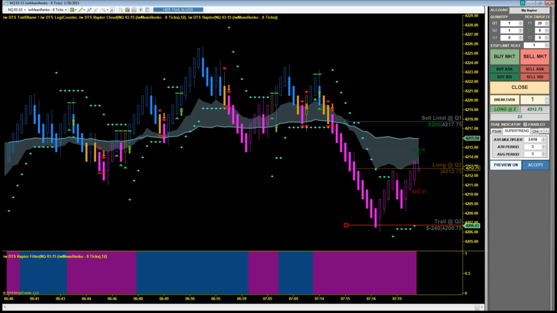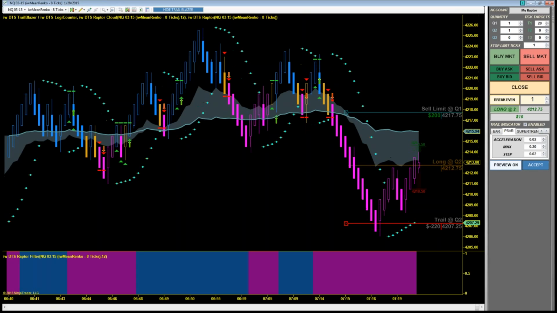Let's say I'm liking the way the super trend is looking a little bit better, so I choose to click super trend, and it's automatically going to take the super trend stop. But the point I'm trying to make is that your risk is no longer constant. Your risk is changing relative to the stop strategy you chose.